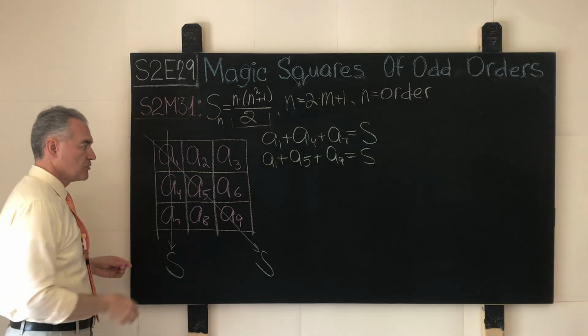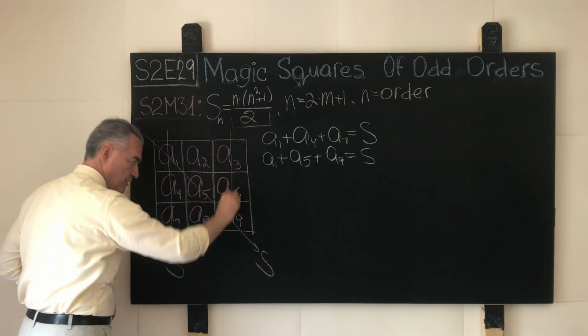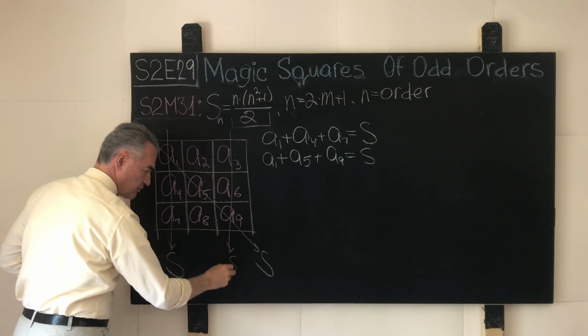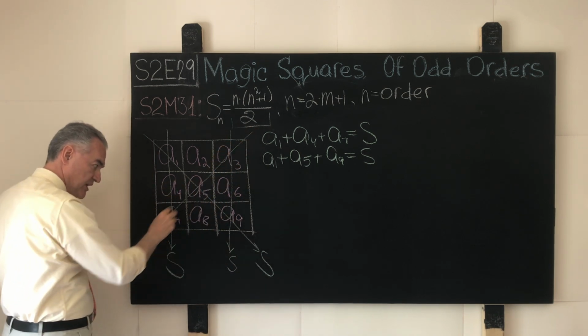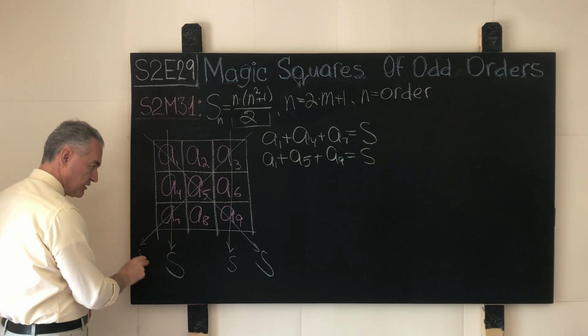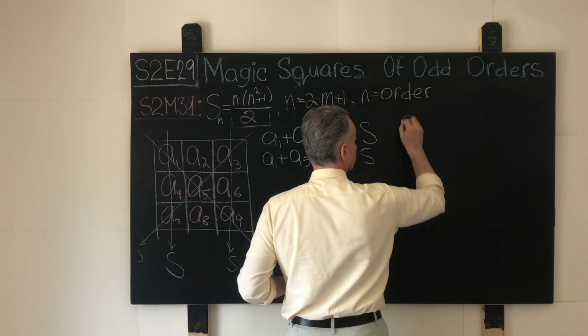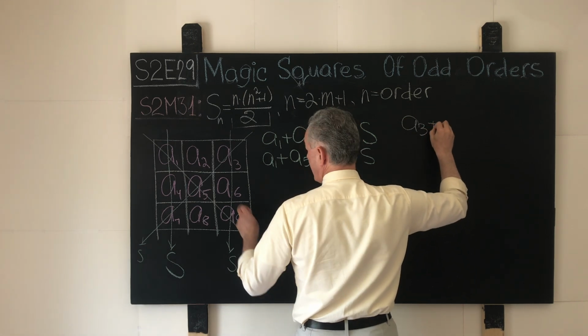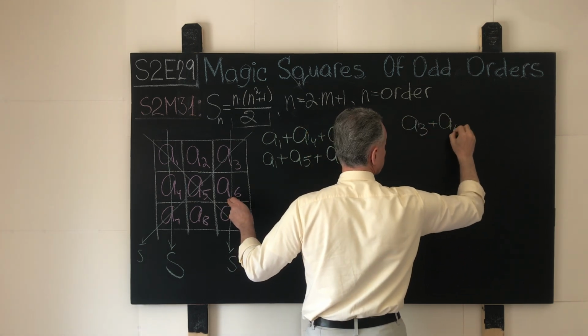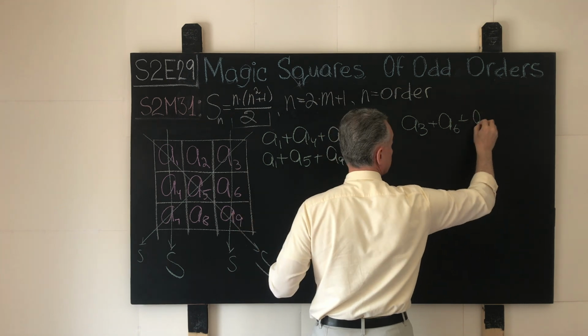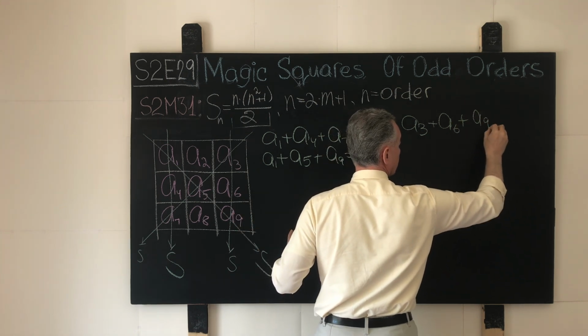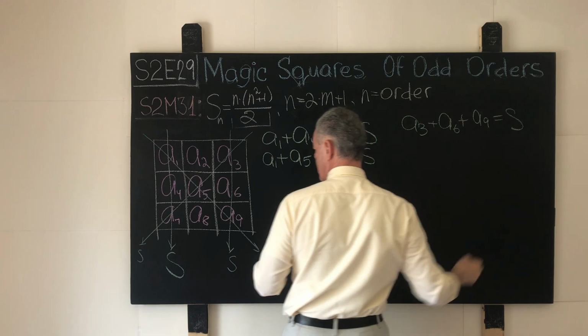What do we do next? Well, we exercise the symmetry. We work this way: this will be S, and we work along the secondary diagonal, S over here. For the first one, we have A3 plus A6 plus A9 is S. So far, so good.